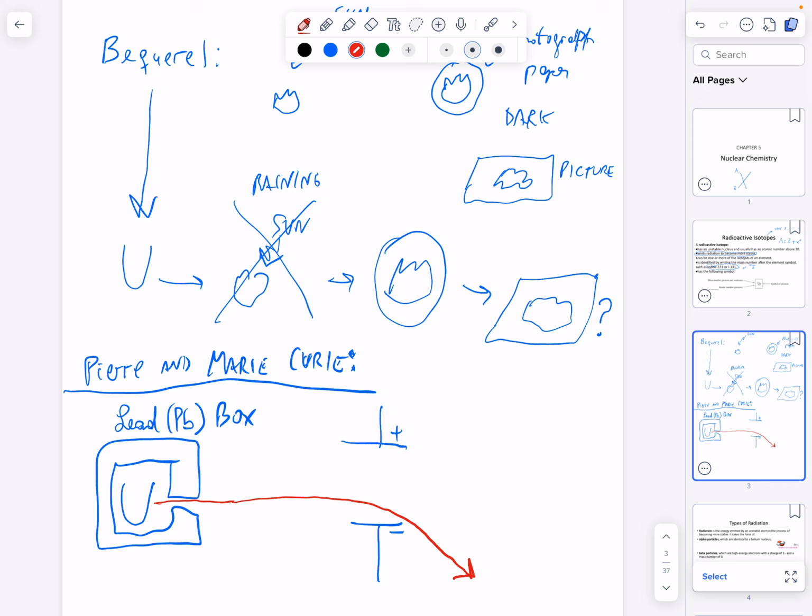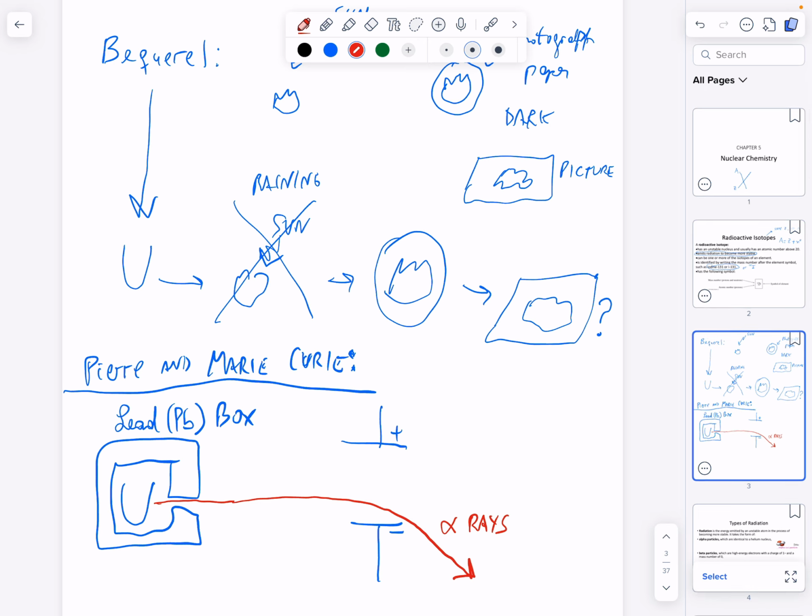Those rays that were attracted to the negative side, they call them alpha rays. And because they were attracted to the negative, according to physics, opposite charges attract each other, so those alpha rays are positive.